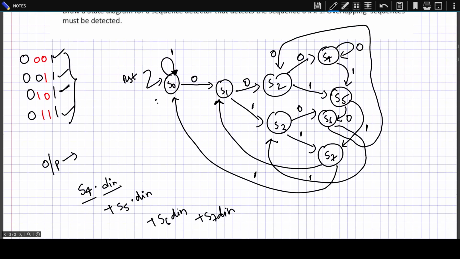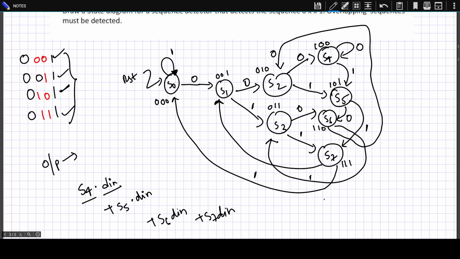Let's assume S0 is 000, S1 is 001, S2 is 010, S3 is 011, S4 is 100, S5 is 101, S6 is 110, S7 is 111.